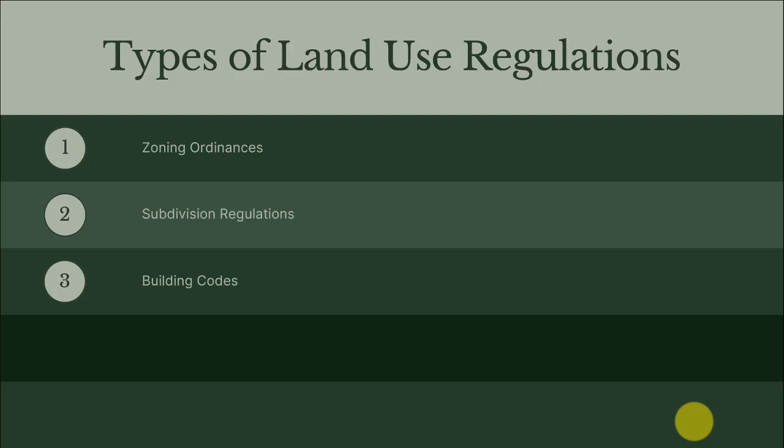Okay, next we have building codes. So this is going to be regulation on the construction of the infrastructure and the buildings that go on a site. And so the government usually, there's a state building code, and then sometimes local governments will add on to that.